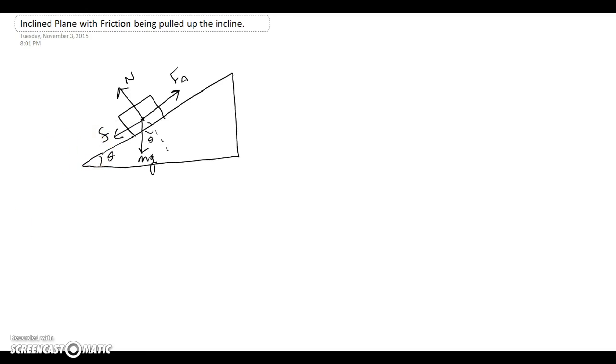Next, we have to write our F net x and our F net y equations. What you want to do is take a look at your picture and ask yourself what forces are acting in the x direction.